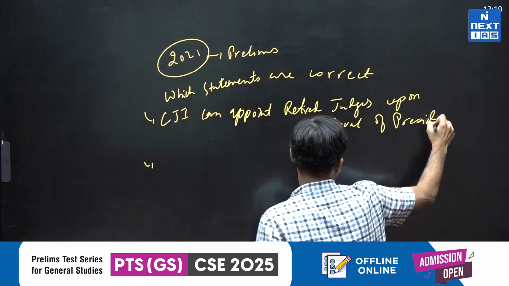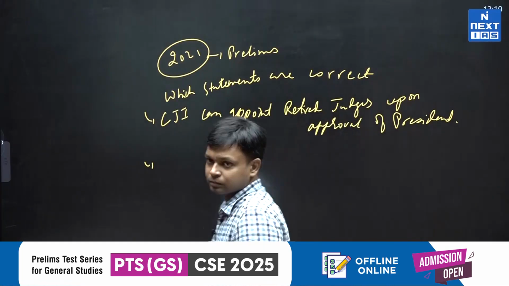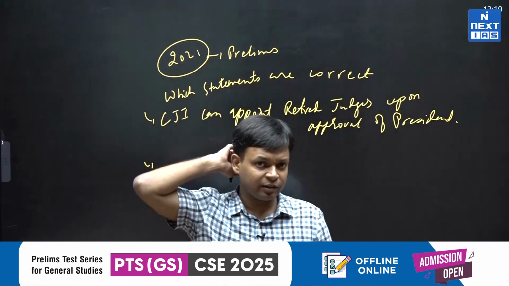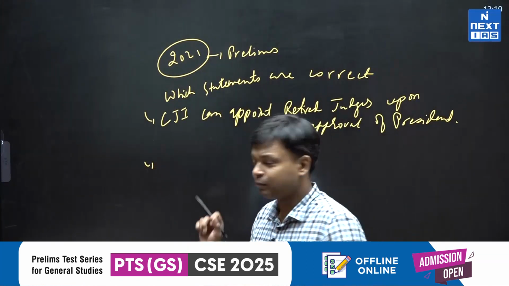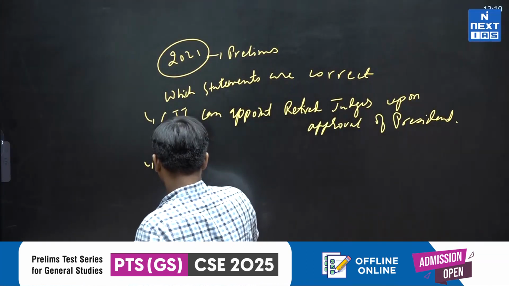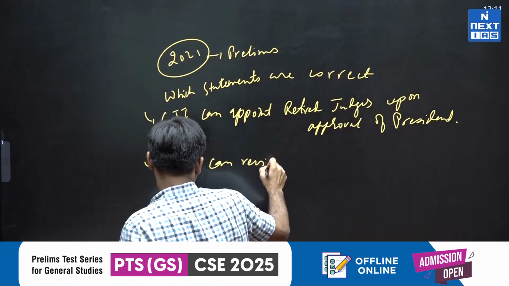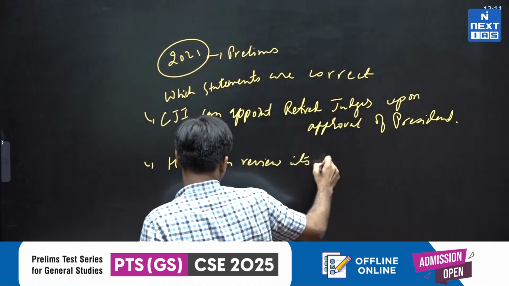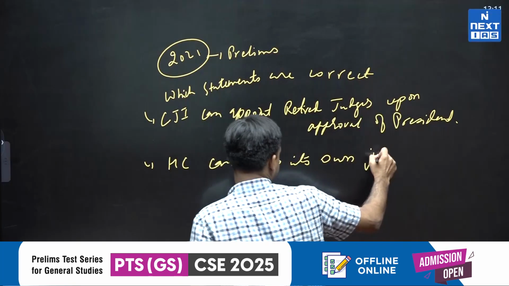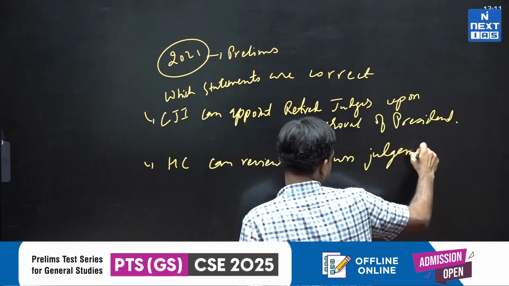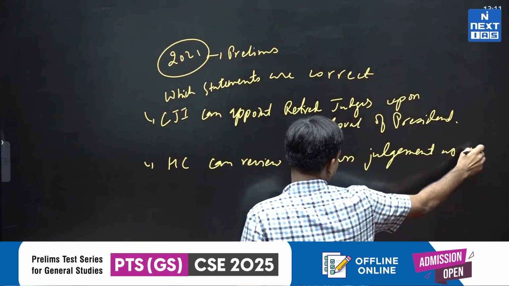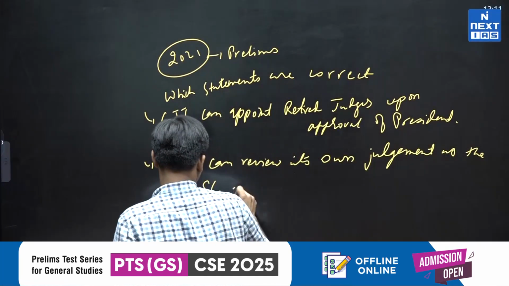Okay, CJI can appoint retired judges on approval of President. And the second statement is that the High Court can review its own judgment as the Supreme Court does.